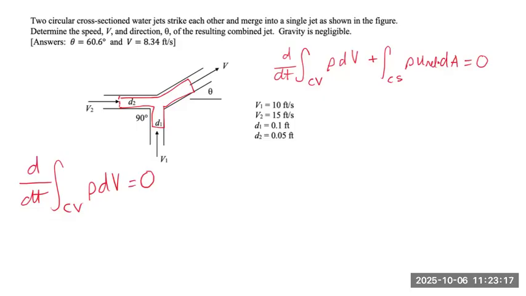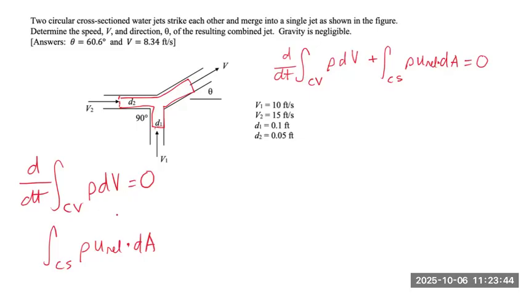However, the case for the integral over the control surface is different, because we have mass flowing inside through the control surface, perpendicular to the area at each of these places, and also exiting.